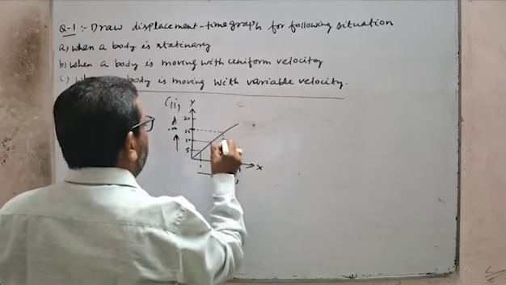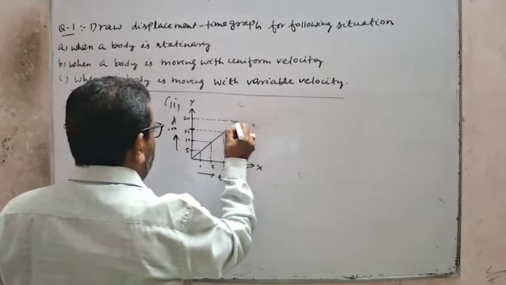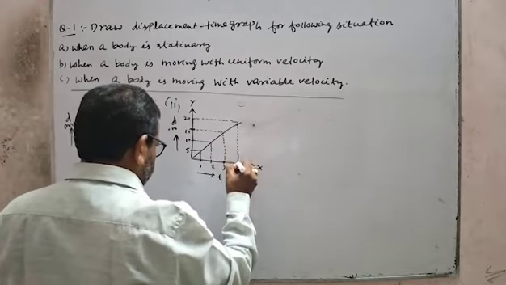This is the dt graph for uniform velocity.